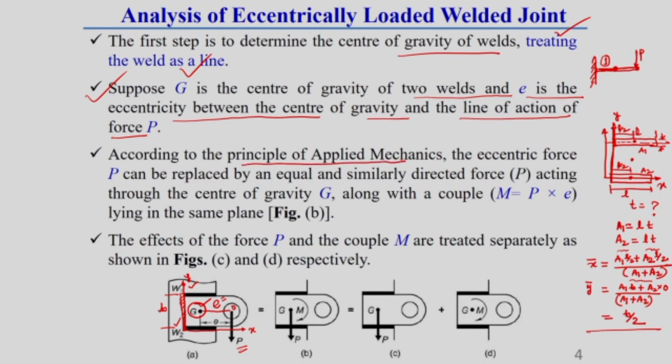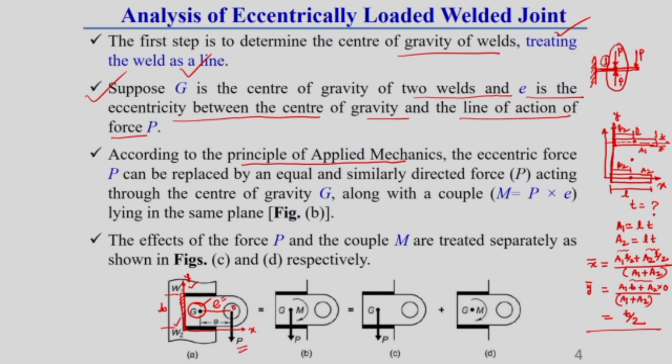What does it tell? Once we shift this P to here, then what happens? Let us apply a similar load P at this position, and if we also apply a similar and opposite force P in that same location, then at location A the summation of these two forces will be 0, correct.